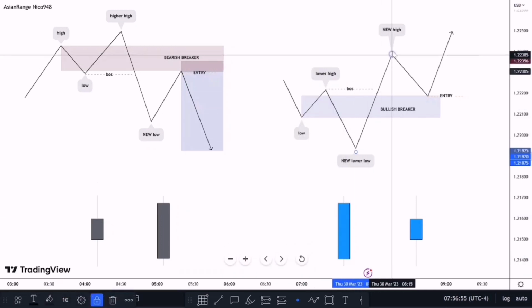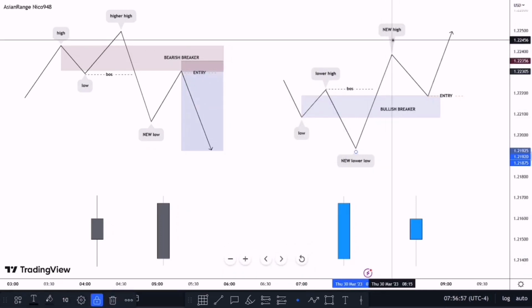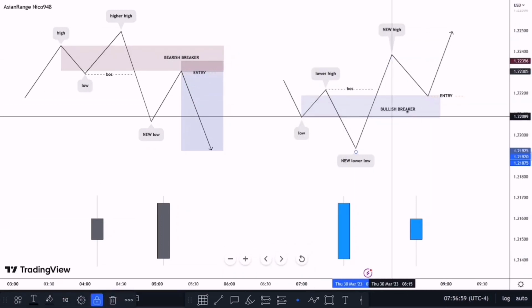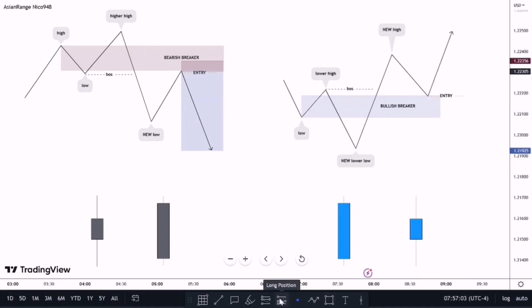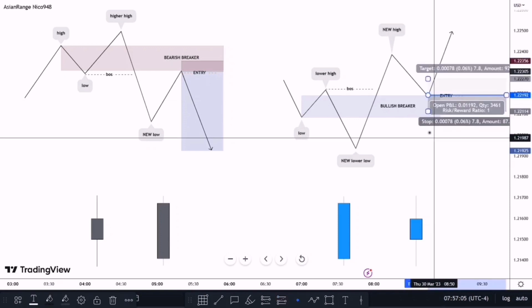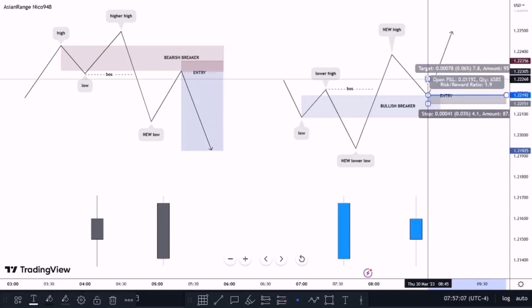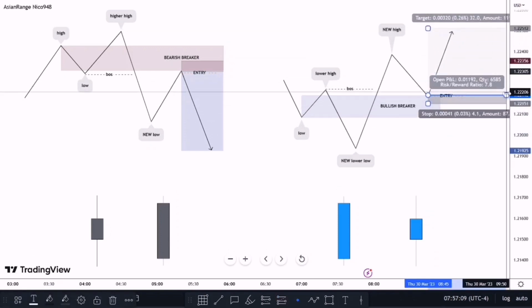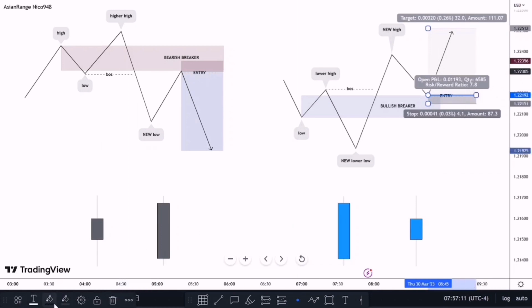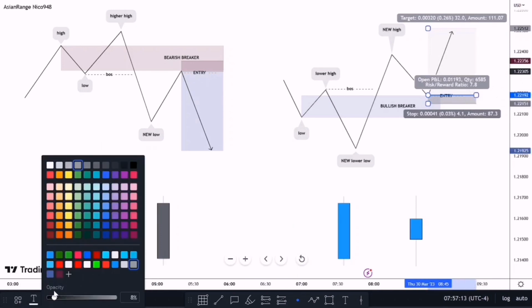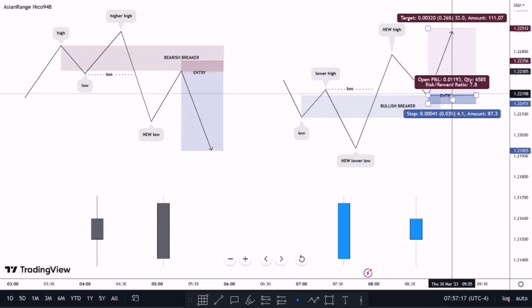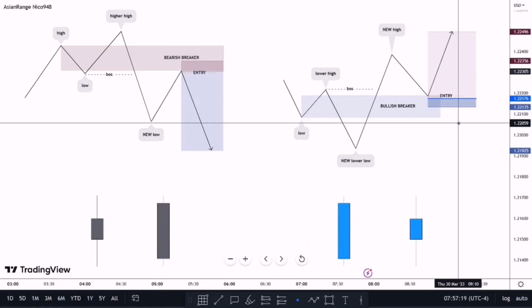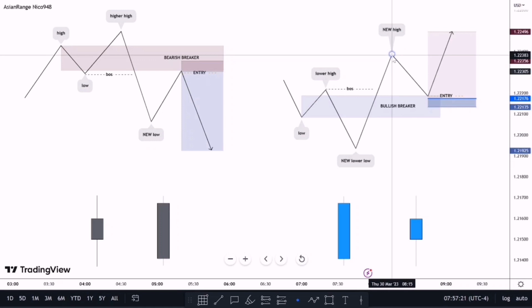From there, we wait for price to push up, creating a new high, and retrace back into our bullish breaker. Then from there, we enter within that zone. Obviously, we have to wait for confirmation, and then we target the highs of this relative high here.